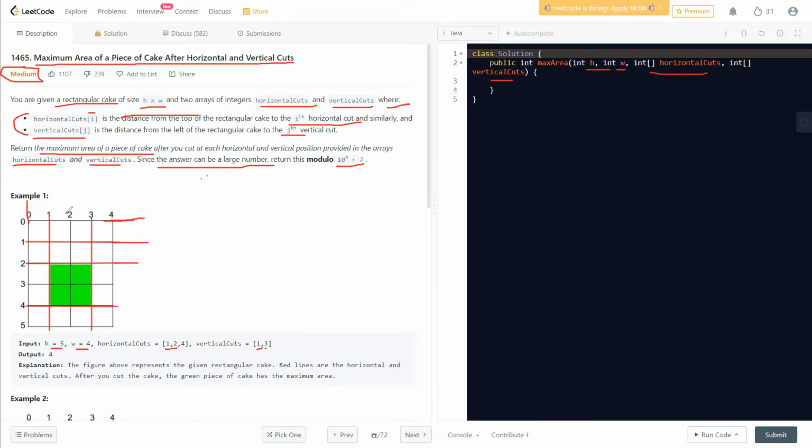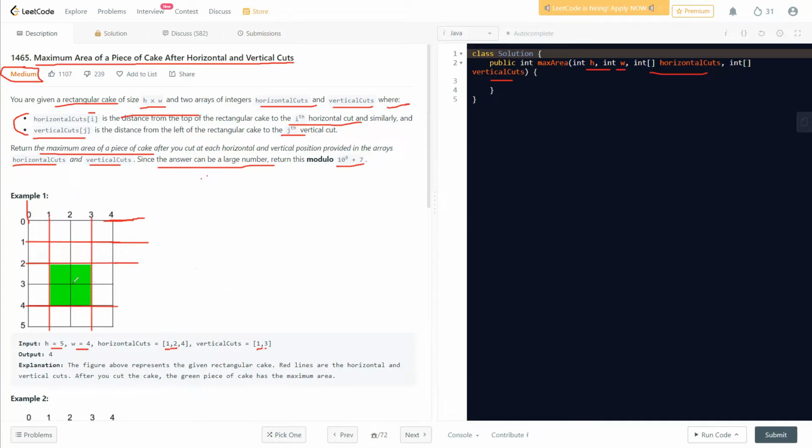The horizontal cuts are at 1, then 2, and then 4. And the vertical cuts are at 1 and then 3. So these are the vertical cuts we have over here. Thus, what we need to find is the maximum area of a piece of cake.